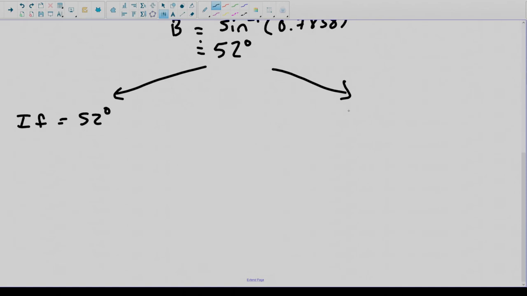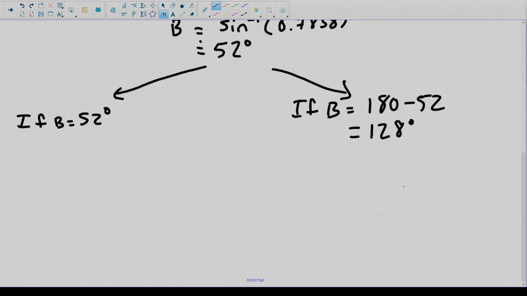But there's a second scenario, because of our magic circle. 52 is one of the angles that we have to consider, but we also have to consider 180 minus 52 as well. That'd be 130 minus 2, which is 128 degrees. Sorry, I forgot to write: if B is equal to 52 and if B is equal to 180 minus 52. So we actually have 2 different solutions we now have to consider.